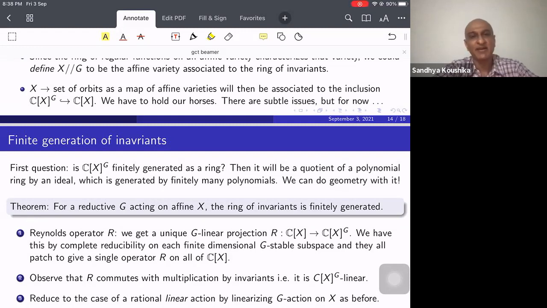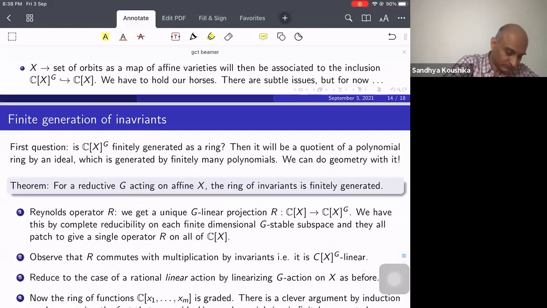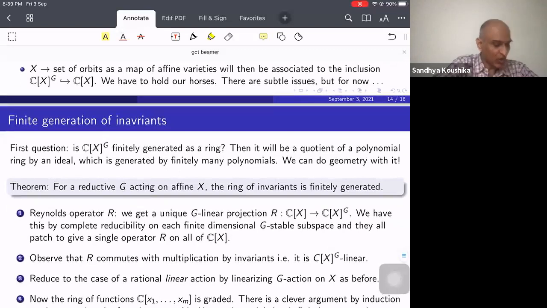So using this compatibility, I can simply reduce this finite generation to the case of when X is an affine space V on which the group G is acting linearly. Now, in this case, the coordinate ring is just a polynomial ring in as many variables as the dimension of my representation.